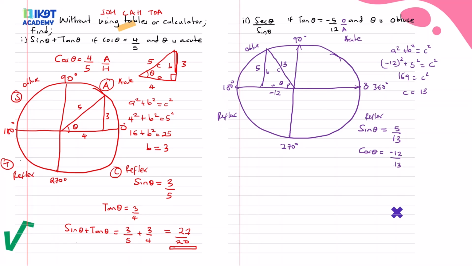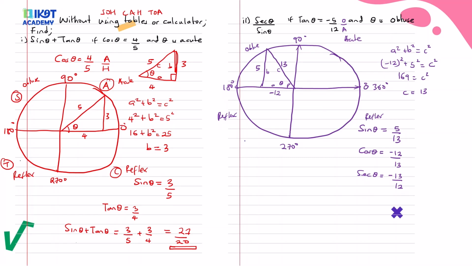But the question wants sec divided by sine. And what is sec? Before we even go further, sec is the reciprocal of cos. So it's the same as saying negative 13 out of 12. I hope you know that for this division sign, the negative, whether it's up or down, is all the same. So that's why I've just left it here.